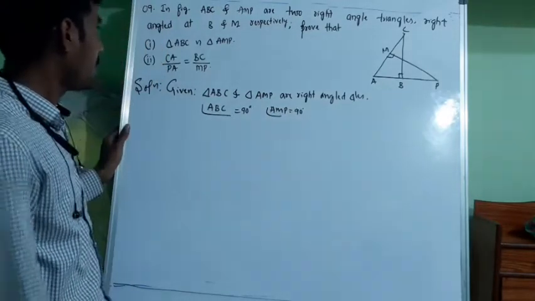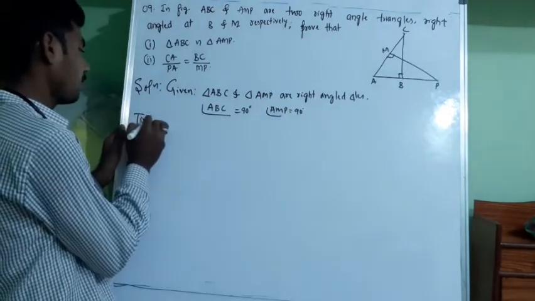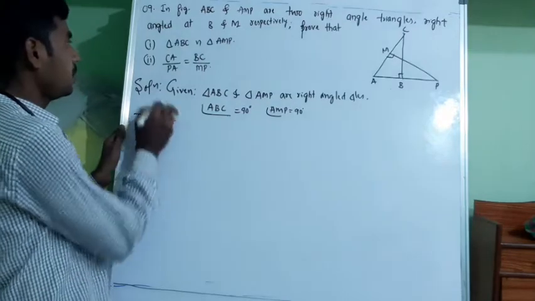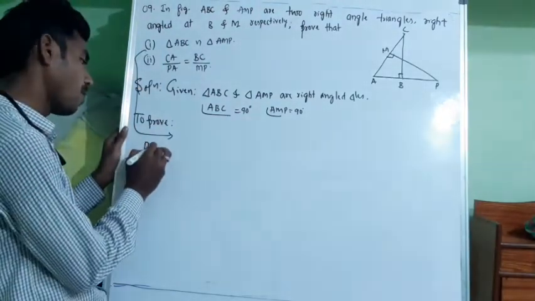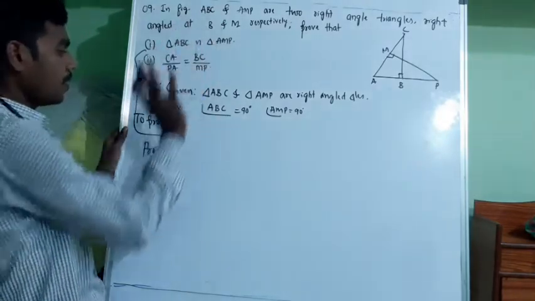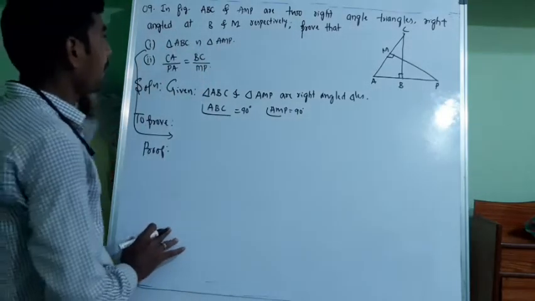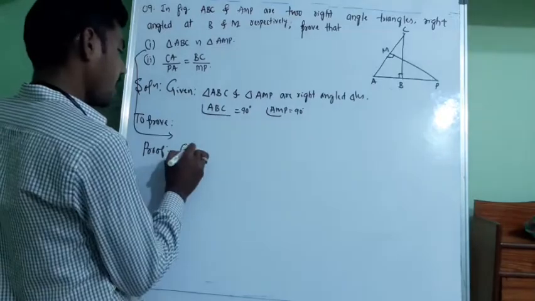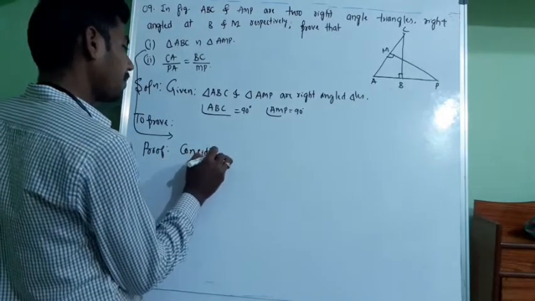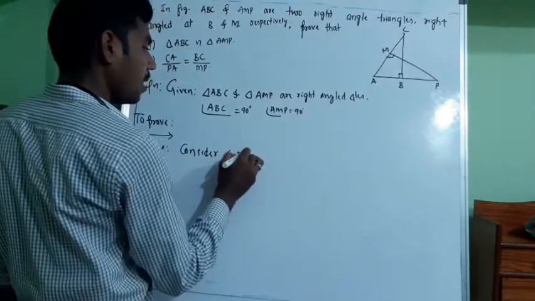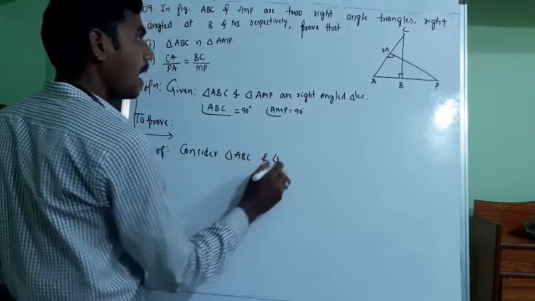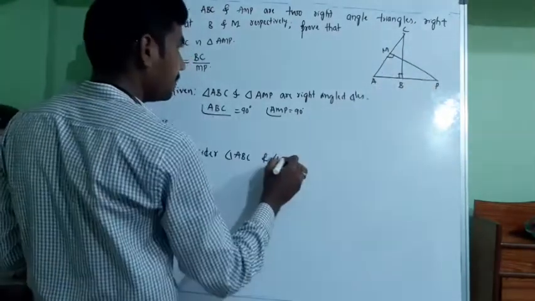Okay, so what is required to prove? So please do copy these two things. I will not write, so I will write the proof part. These two are required to prove. What is the proof? So consider triangle ABC and triangle AMP.